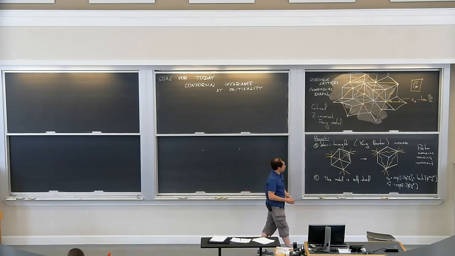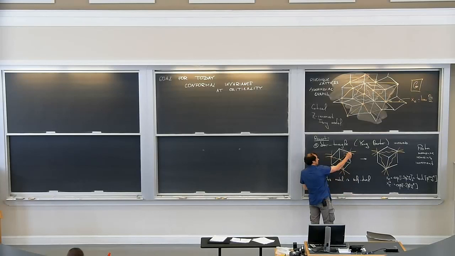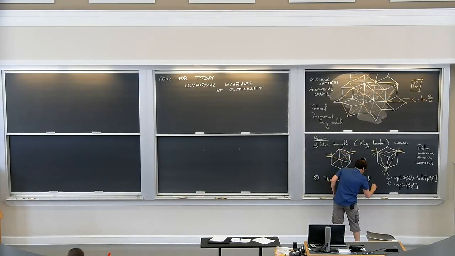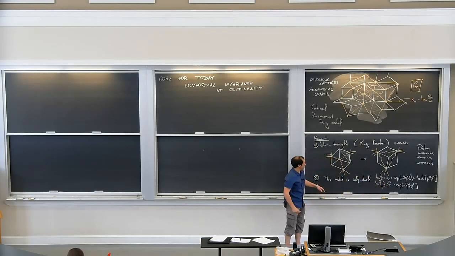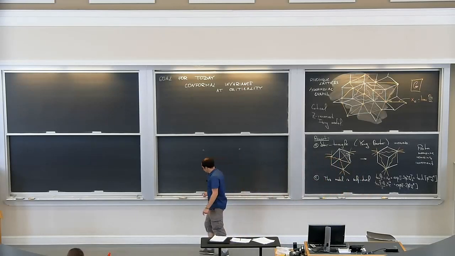So that's exactly what happens when I replace this graph by the dual graph. So here, if this is tangent theta over 2, then this is tangent pi over 2 minus theta over 2. So that's really a self-dual model.